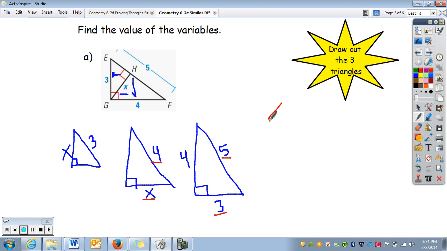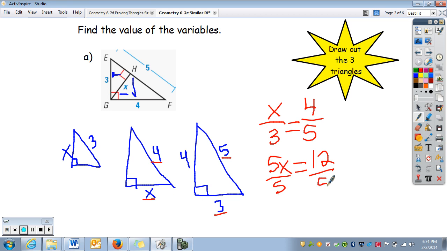I can go x goes with 3, and then we can go 4, because 4 and x are part of the same triangle, over 5. Cross multiply, I get 5x equals 12. Divide by 5. Rounding to the nearest tenth, x comes out to be 2.4.